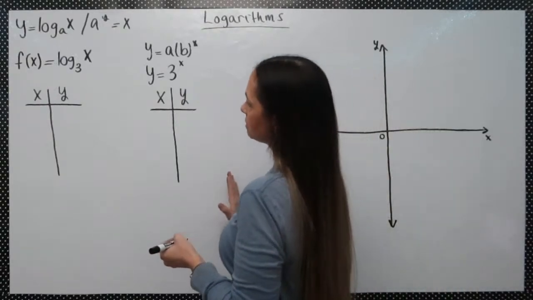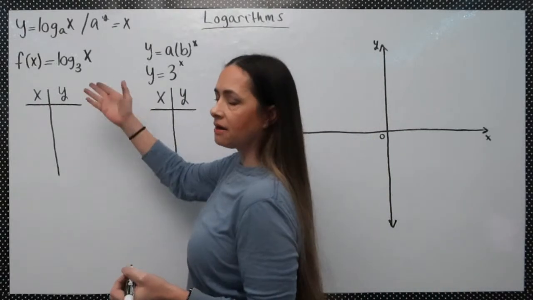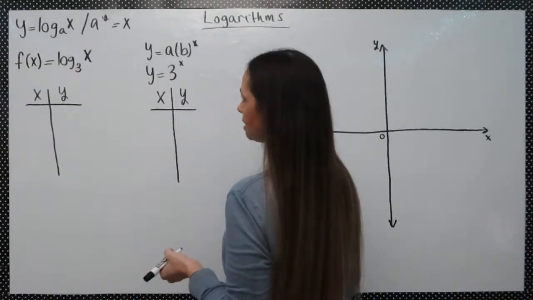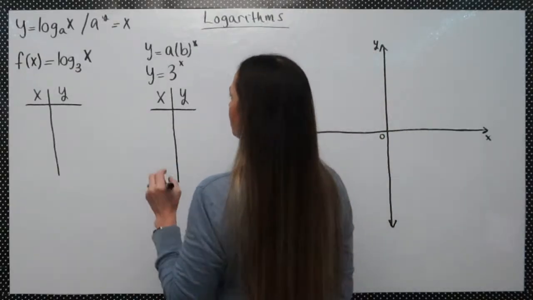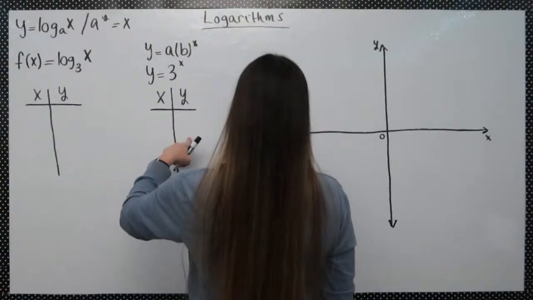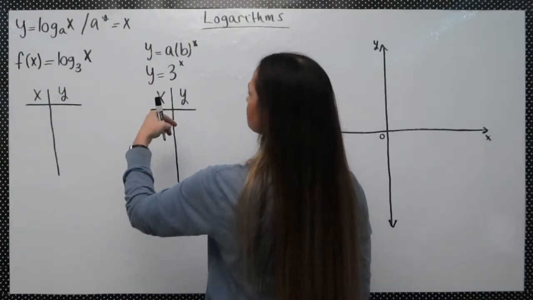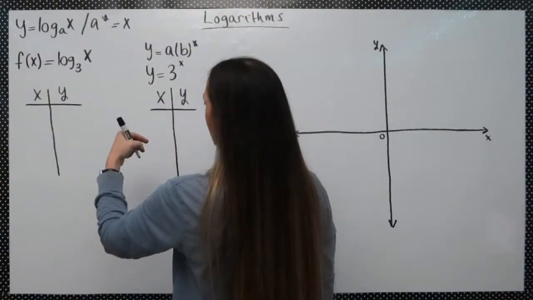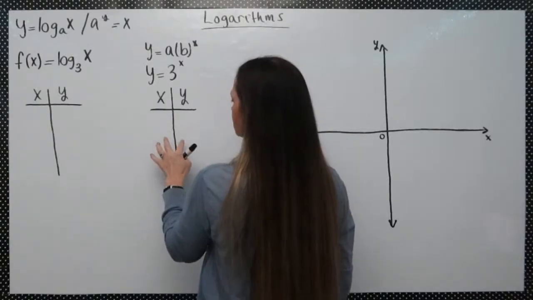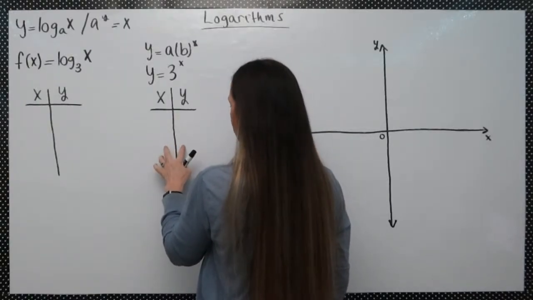It wasn't that big a deal. But logs, I haven't seen them in a while, so I'm looking at them like, ooh, how would I evaluate it if I didn't know that these were inverse functions, and that I could just swap the domain and range.